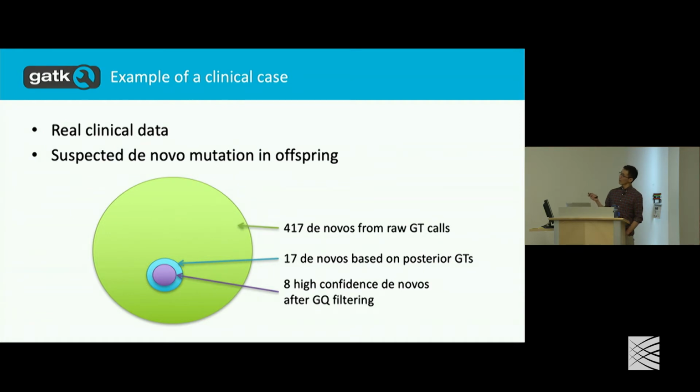But then after we applied the prior information about the populations and the pedigree, that number went down to 17. So we got rid of a lot of probably spurious false positives by applying these calculated genotype posteriors. And after filtering even further, we ended up with 8 de novos.